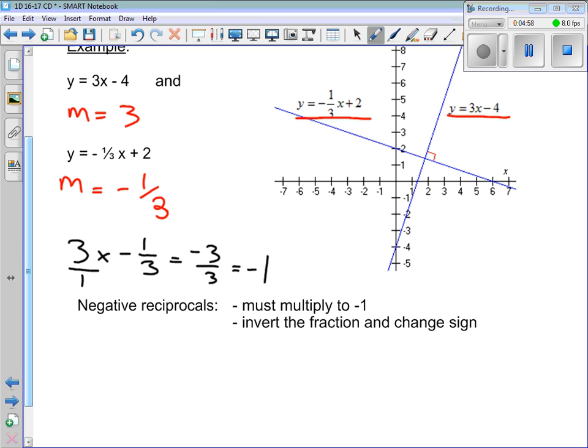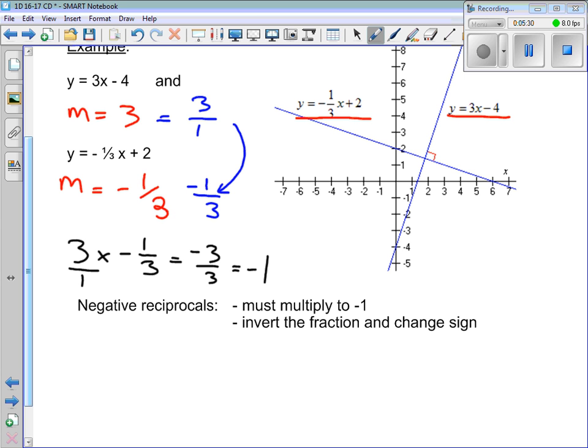I think an easier way of thinking about this is if your slope is a fraction, you want to invert the fraction. So basically flip it over. Interchange the top and the bottom, and then change the sign. Okay? So if I take my slope of 3 here, and I write it as a fraction, 3 over 1, and then I invert the fraction, so interchange the 1 and the 3, and then make the whole thing negative, I get negative 1/3.